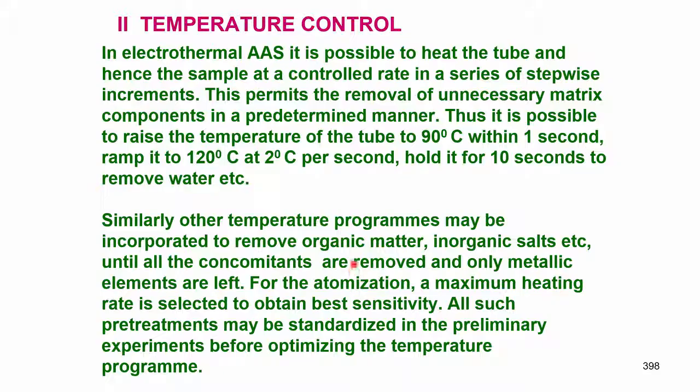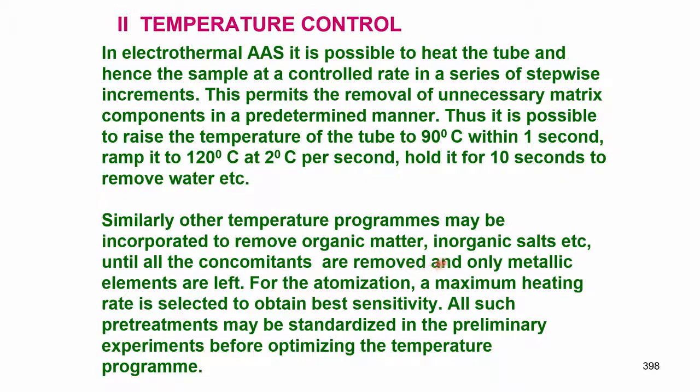So, around 1000 degrees, most of the sulfate will go away. So, the organic matter, inorganic matter, and the salts and all other concomitants are removed by temperature programming, and suppose I heat it to around 1000 degrees, everything is gone.